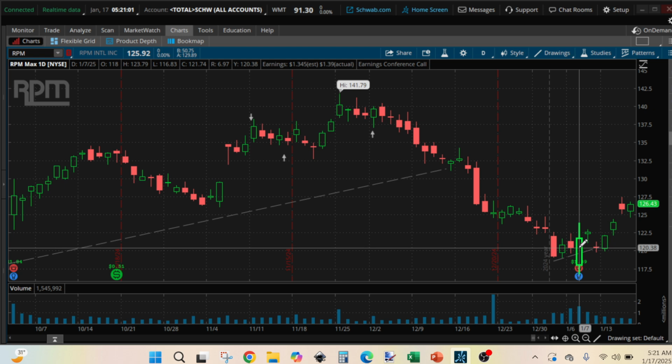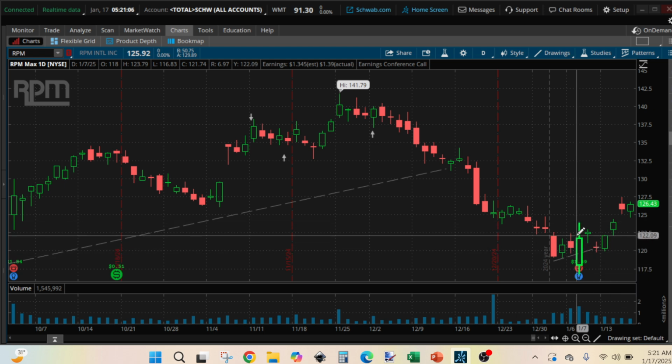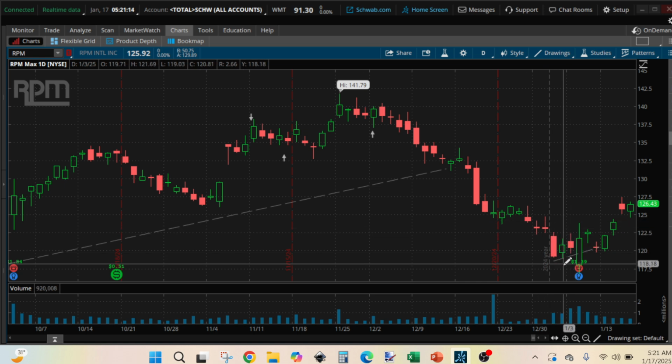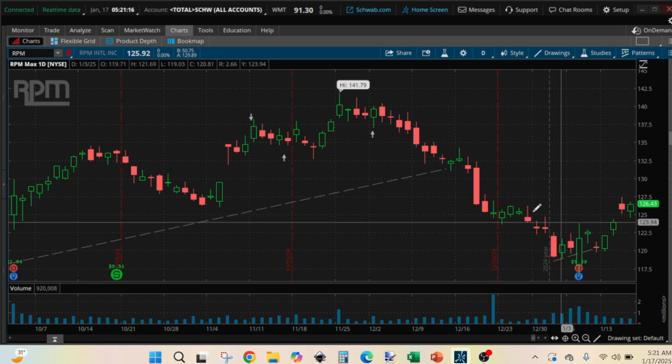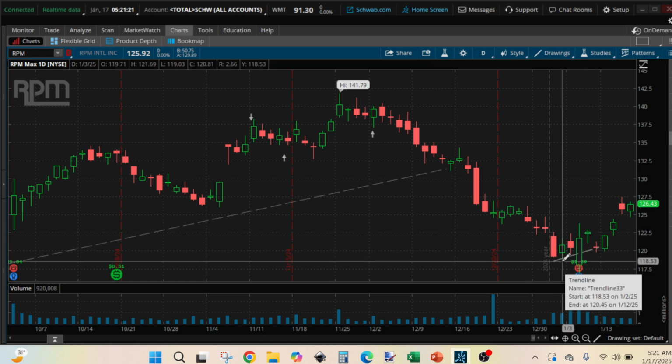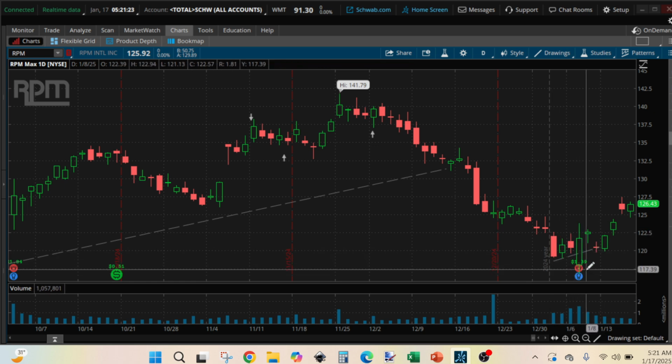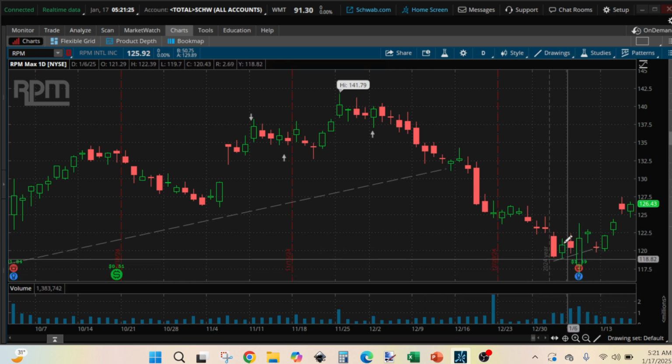So that is pretty much what our long swing trading strategy, or position trading strategy, is. We are going to hold the stocks once we purchase them through earnings as well.